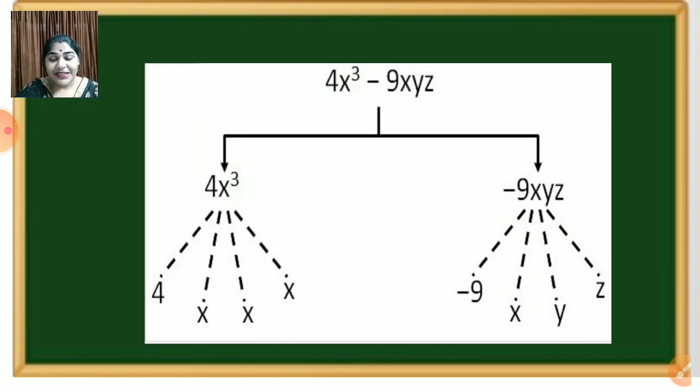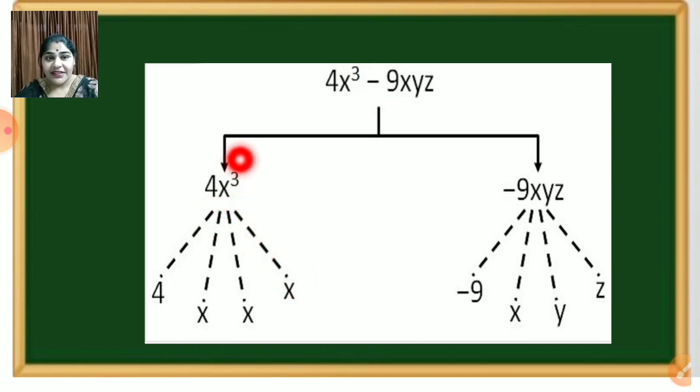One more example is there, that is 4x cube minus 9xyz. How many terms are there, children, again in this expression? Two terms are there. The first term is 4x cube and another is negative 9xyz. Now what are the factors you will write? For 4x cube you will write 4, x, x and x.